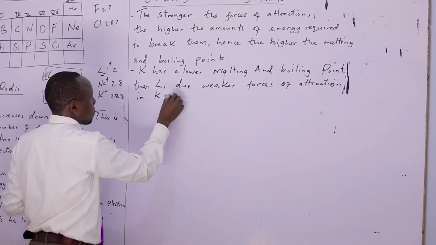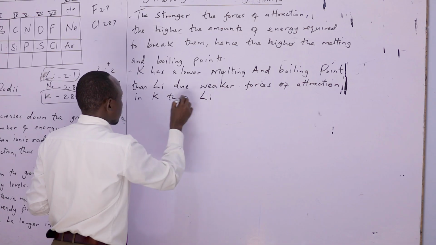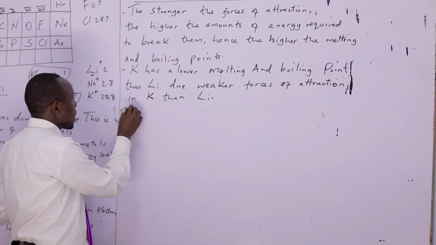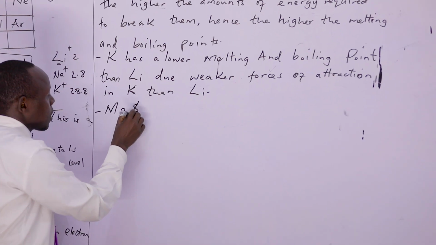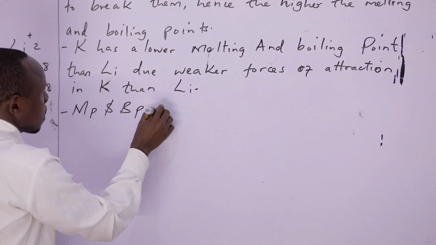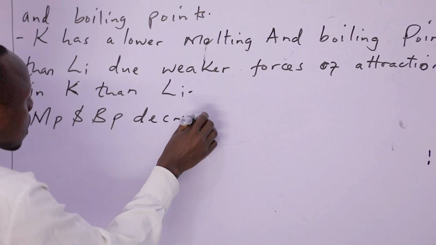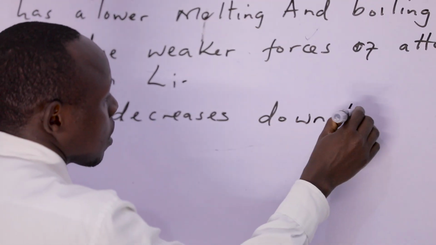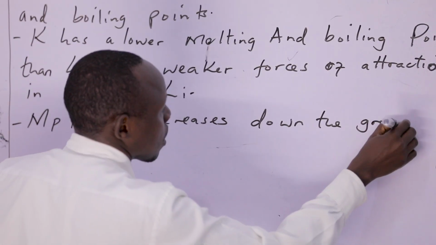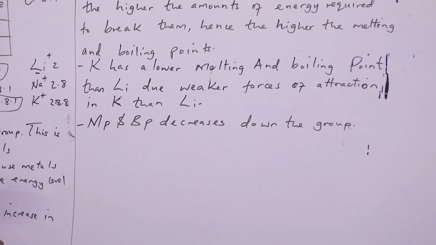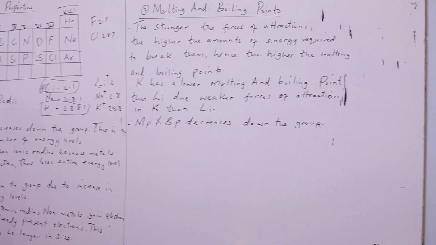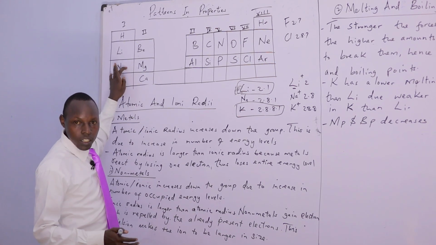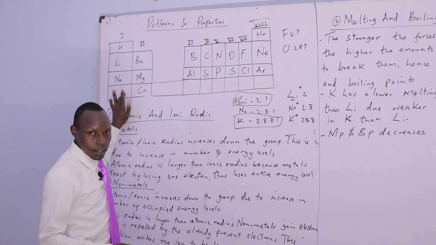In potassium than lithium. So generally we can say melting and boiling point decreases down the group. That is, lithium here will have a higher melting and boiling point compared to sodium, compared to potassium.